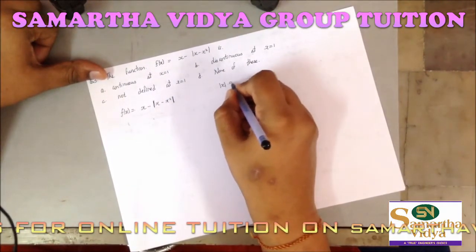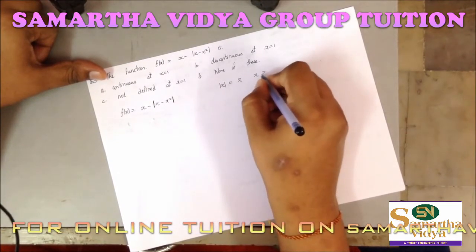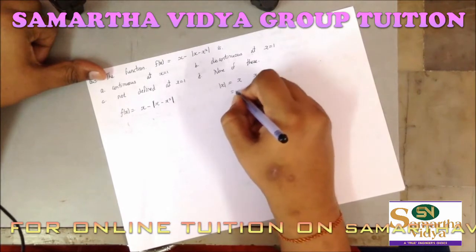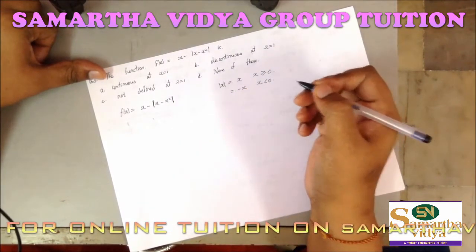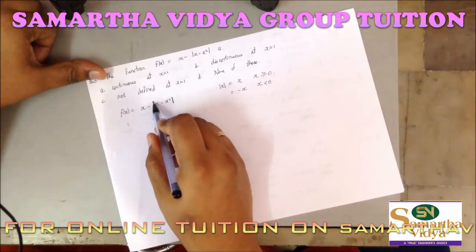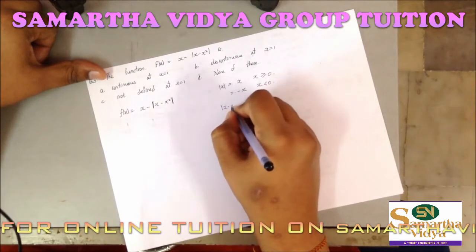So mod x, according to the definition, is equal to x for x greater than or equal to 0, and it is equal to minus x for x less than 0. Now let us understand mod of x minus x square.